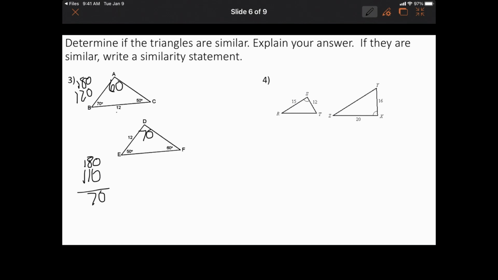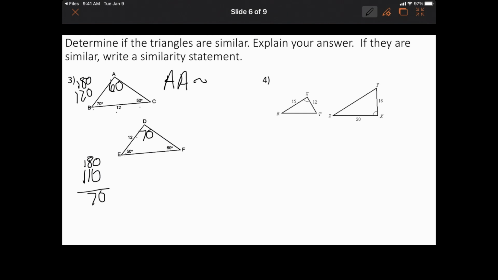Well, that 12 is between 70 and 50, and this 12 is between 70 and 50. But I don't have an angle side angle, but I do have an angle angle. So are at least 2 angles congruent? Yes, I do. So that's going to be angle angle.